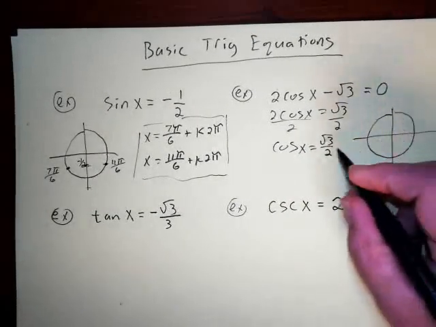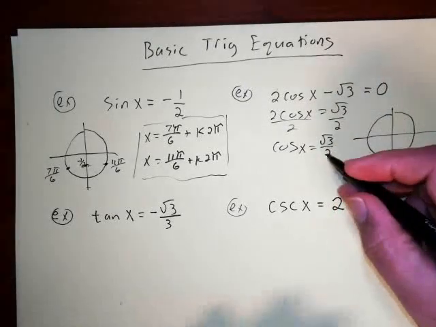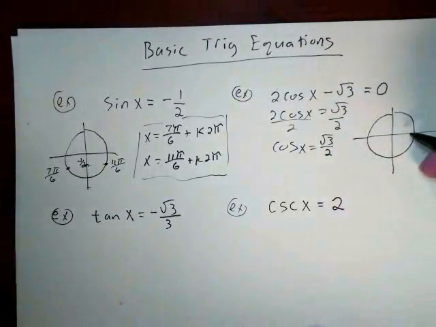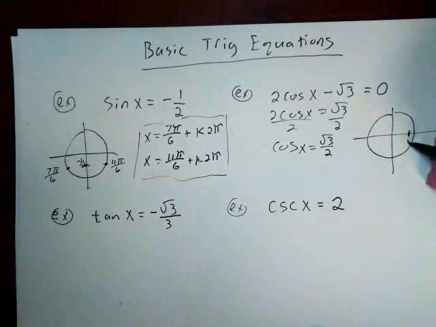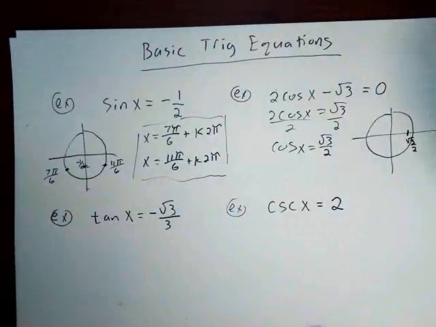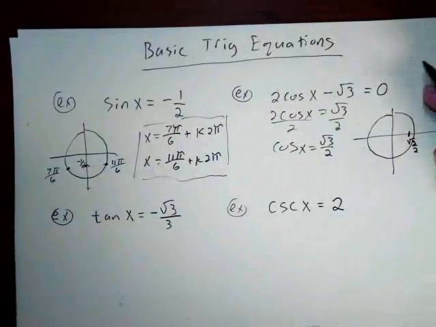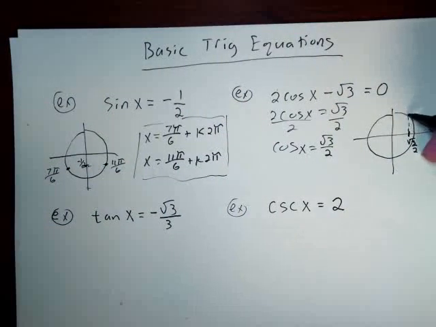Now it's cosine, so this is when the cosine, or the x-coordinate, is equal to square root of 3 over 2, which would be over here somewhere. And there are going to be two values that give you that. This one up here is pi over 3.